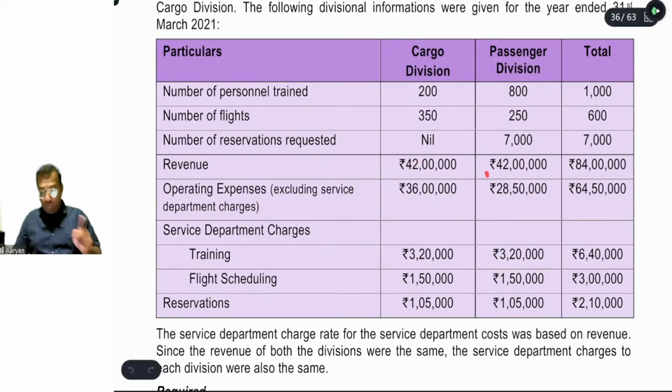Revenue of both the department is same, 42 lakh for cargo department and 42 lakh for passenger department. Operating expense excluding service departmental charges, जो selling and distribution मान सकते हैं simply. Operating expense excluding selling and distribution are 36 lakh for cargo department, 28 lakh 50,000 for the passenger department.